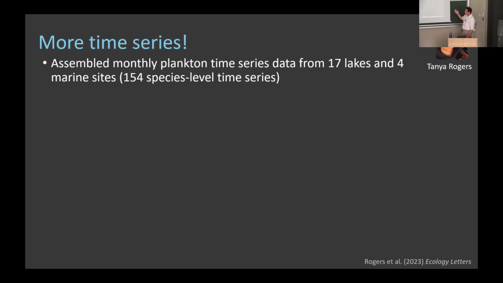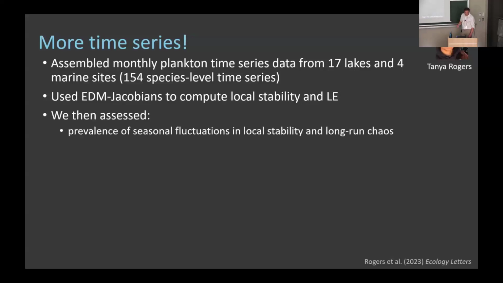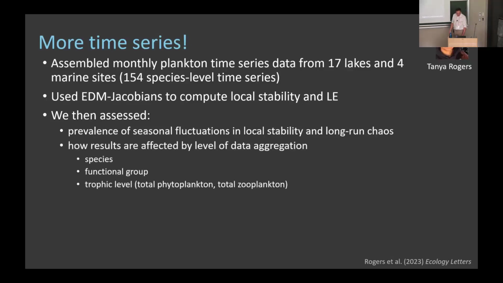Okay, so using these 154 time series, we calculated the EDM-based Jacobians to look at local stability, and then the long run Lyapunov exponent to look at whether or not the dynamics are chaotic. We then assessed the prevalence of seasonal fluctuations in local stability, and whether or not that's tied to whether a time series is classified as chaotic or not.